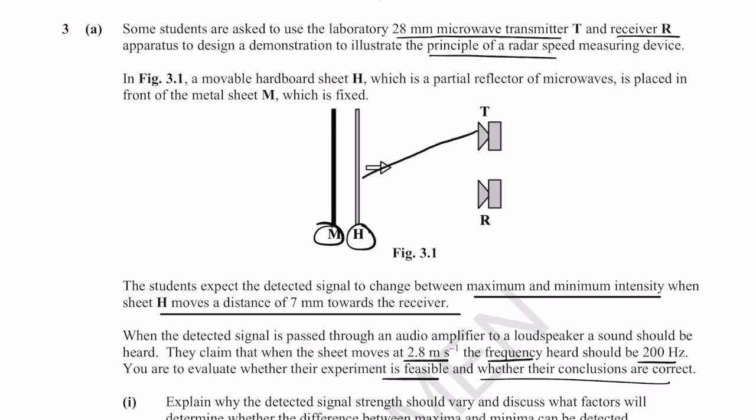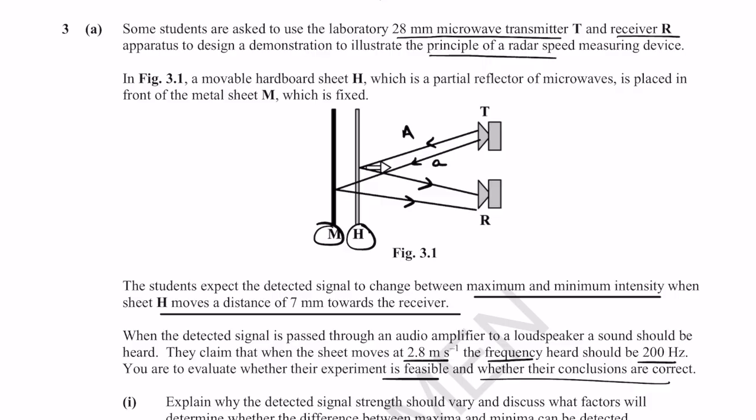It would be going to the sheet and be reflected by it, and some of it will go through to the metal sheet and then be reflected by it. So if you say that the amplitude of the signal towards H is A, then all the way to M, you can say it's lowercase a.